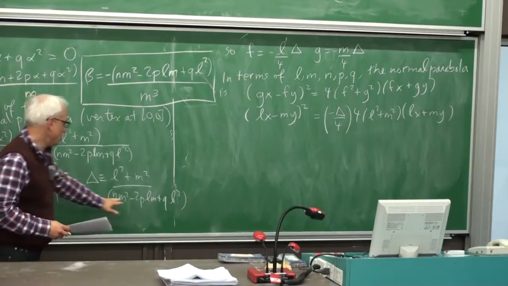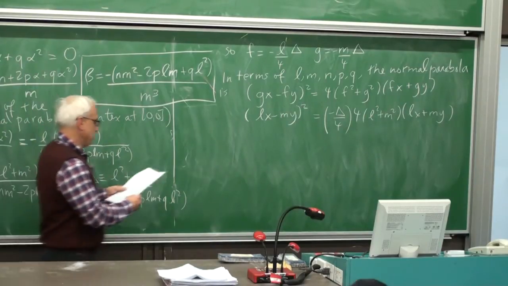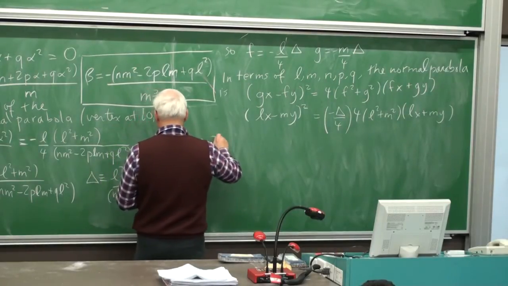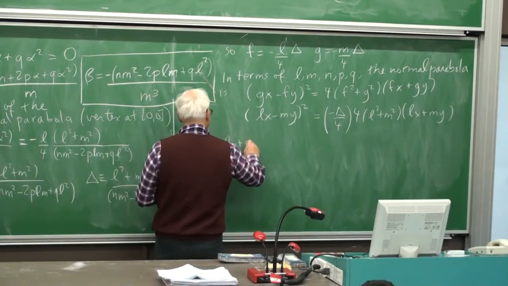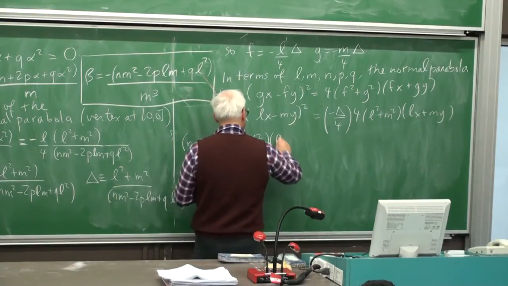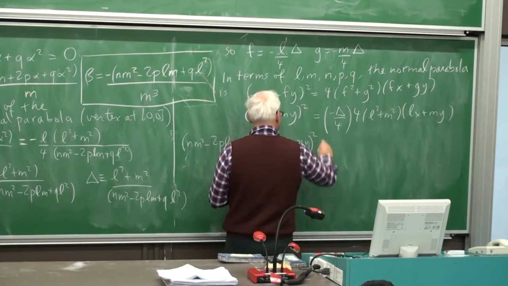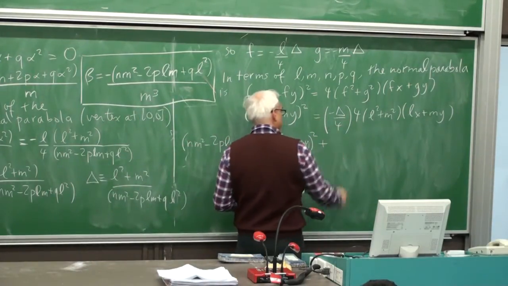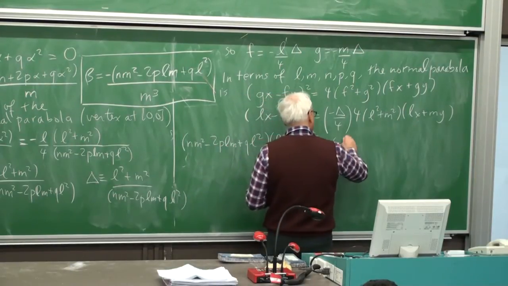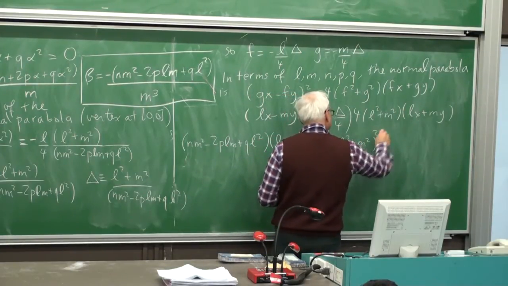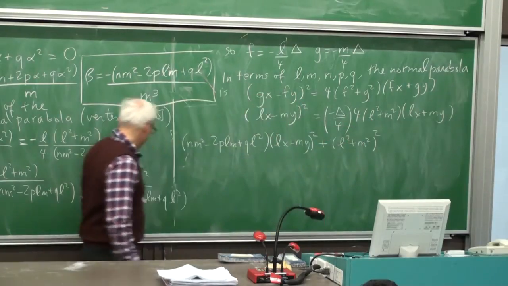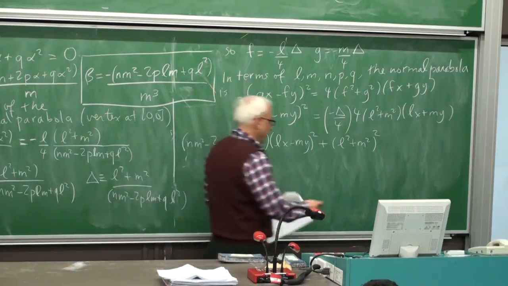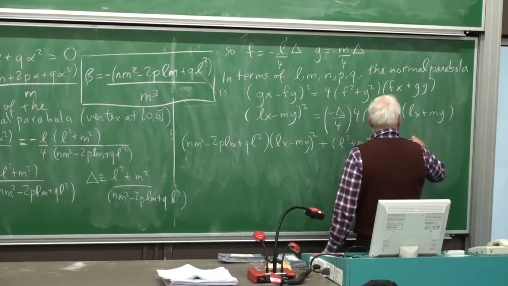And it has this denominator down here, which we may as well clear the fractions. So we can write it as altogether (Nm squared minus 2PLM plus QL squared) times (Lx minus My) squared. And since there's a minus sign here, we might bring the other stuff to the other side. So then there'll be plus (L squared plus M squared), there'll be 2 of them because one was there and the other one comes from the numerator of delta, times (Lx plus My).